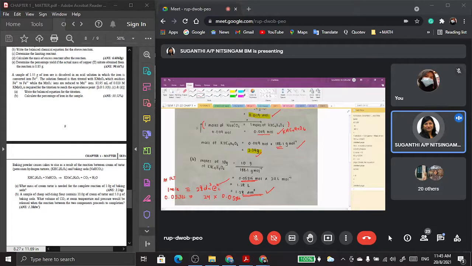So cara kita tulis penting, and cara kerja setiap kali tunjuk. Bila you buat apa-apa pengiraan macam ni, kat sini kena ada subjek dia. What are you finding? Moles of... Dia ada dua kan, tata dengan tata cream and the baking powder. So tulislah yang mana satu. So it becomes systematic.